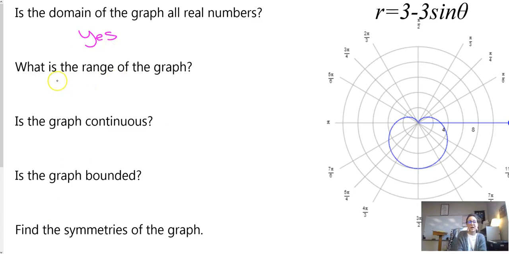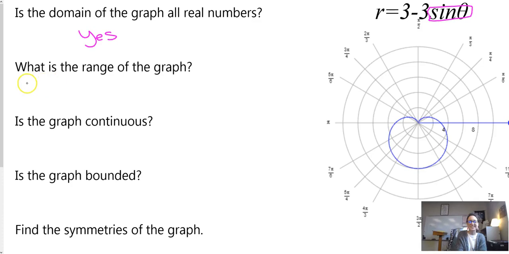So we're just going to put yes here. What is the range of the graph? Well, this comes back to our last video lesson where we found the max value of the absolute value of r. Remember, when we do that, we take a look at our trig portion, and we replace that with 2 things. Do you remember what those two numbers were? 1 and -1.